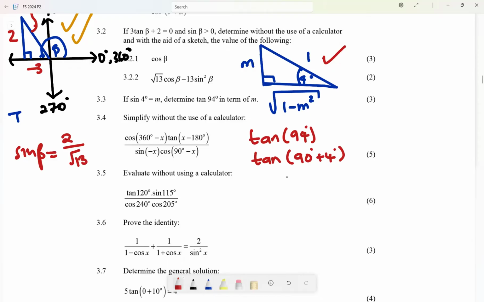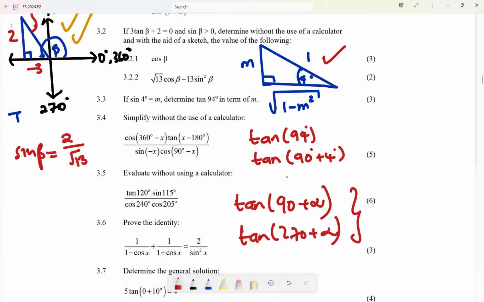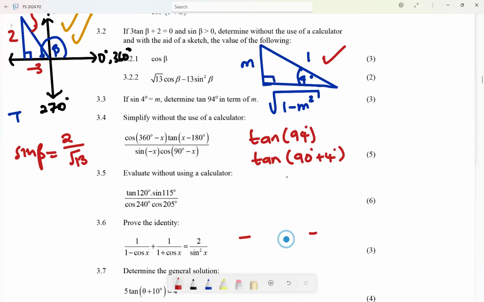I've forgotten the name, but if we have something like tan 90 plus something, or tan 270 plus something, we have a special name for these things. We're going to use that here. When I remember the name, I'll tell you. Probably you know that name. You are helping me out right now.